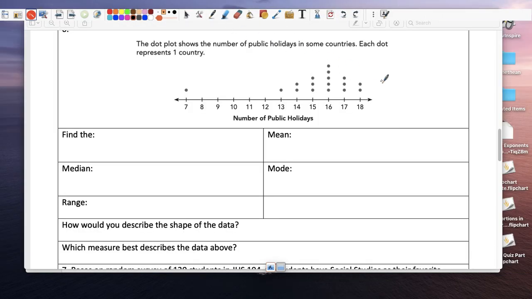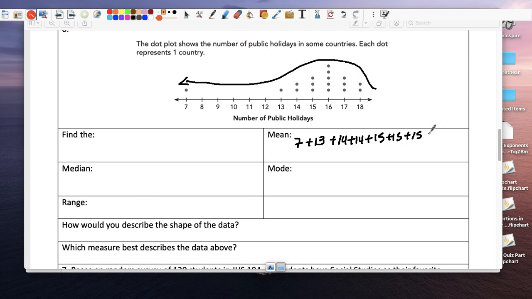So this one is definitely skewed. Where is it going? Left. So this is skewed left, which means your data is hanging out here. Find the mean. Well, I'll list the numbers: 7, plus 13, plus 14 twice, plus 15 three times, or you can just multiply by 3.